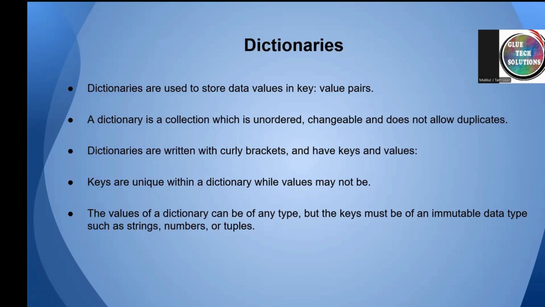Basically, the keys play the role of index numbers. The values of the dictionary can be of any type, but the keys must be of an immutable data type. That means it should be a string, a number, or a tuple.